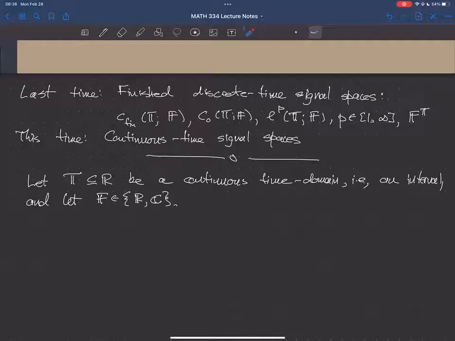The space was nice because on this space you could define all of the possible norms, all of the p norms where p goes from 1 to infinity, including infinity, okay? But at least when the time domain was infinite, those normed vector spaces were not complete, okay? But then what we did was we talked about their completions, all right?